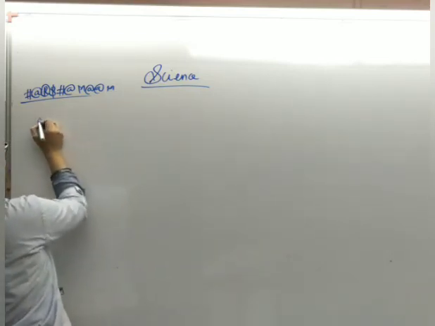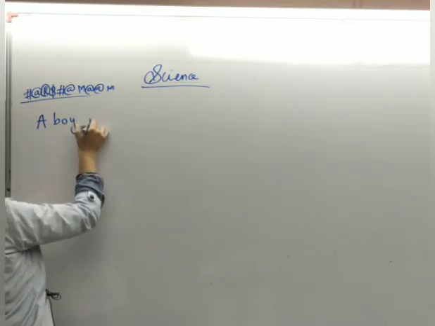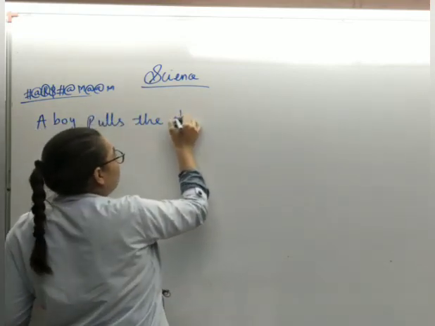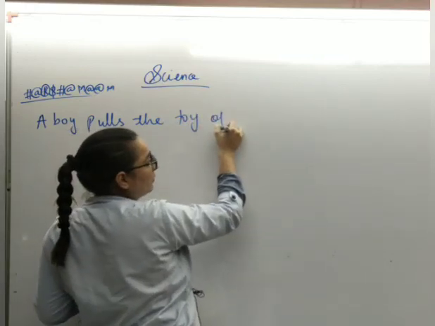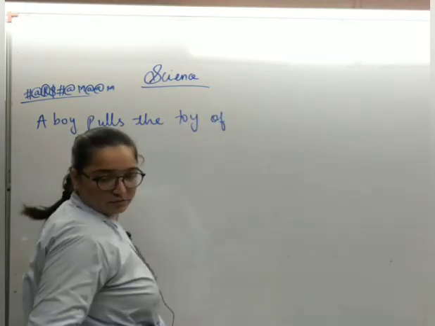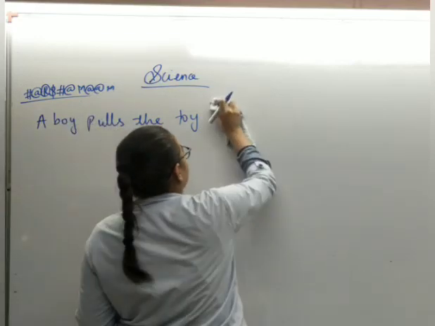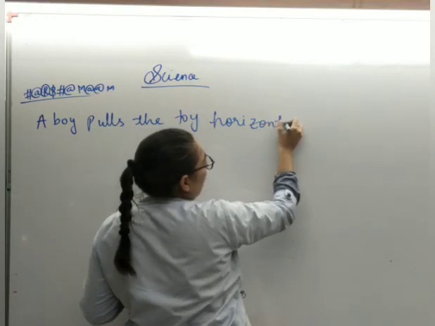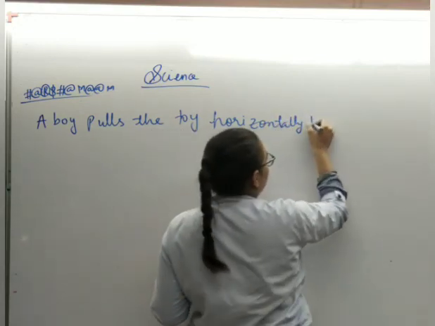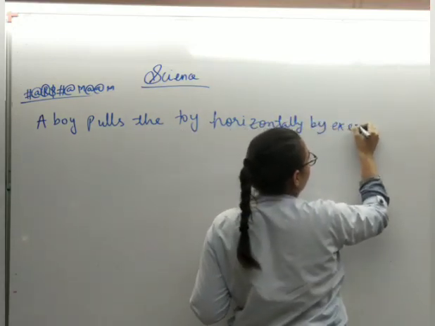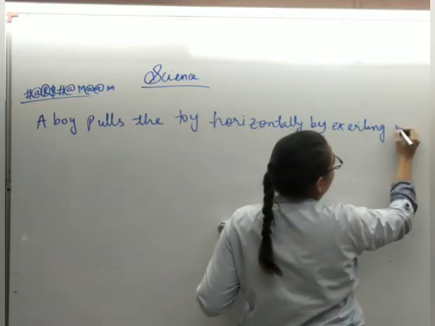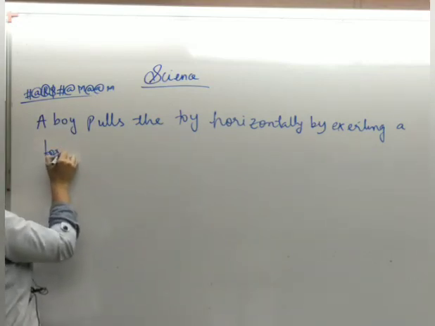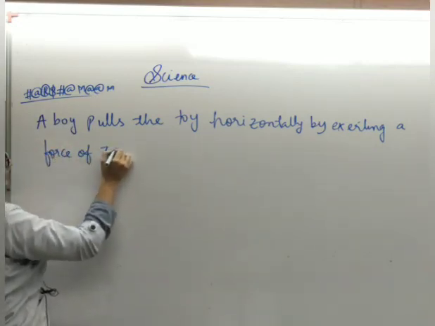A boy pulls the toy horizontally. The direction is important. By exerting a force of 7 Newton.